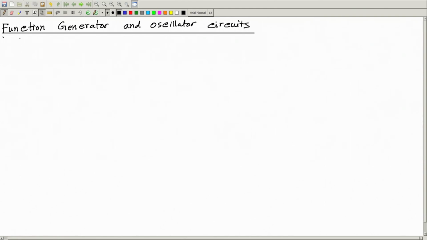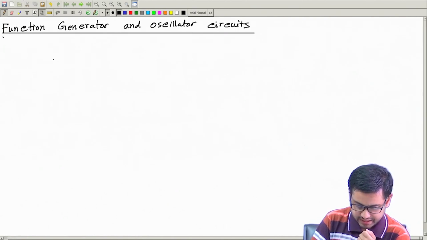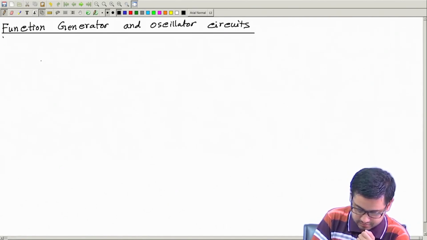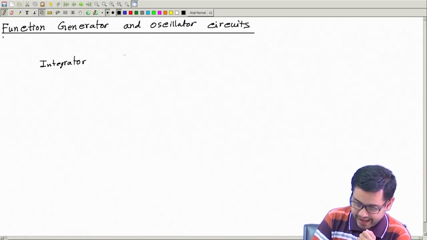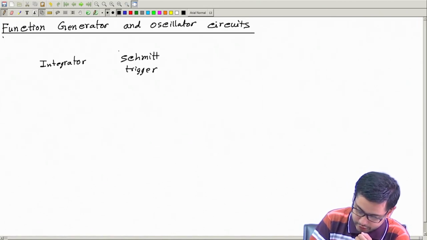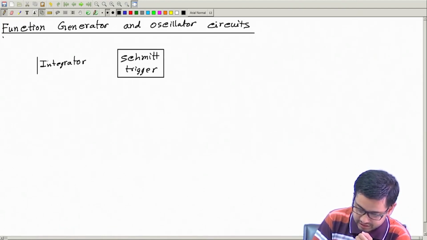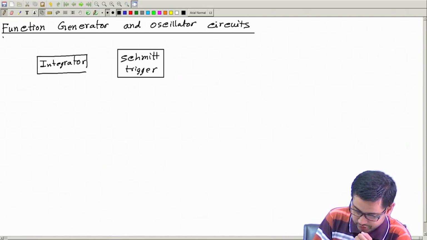So, let us start with a simple function generator block diagram. What we will do is take an integrator and a Schmitt trigger. Recall that we have studied both the integrator and the Schmitt trigger in detail previously.